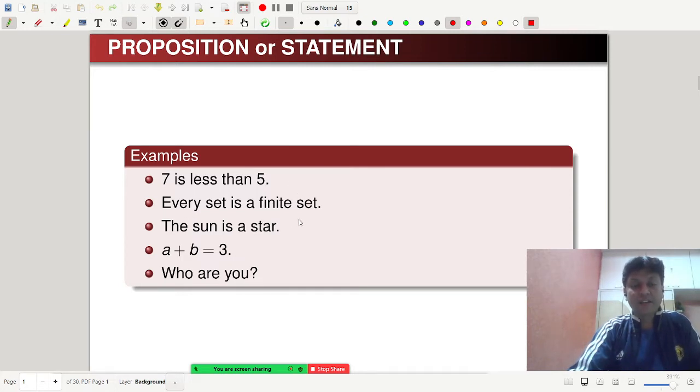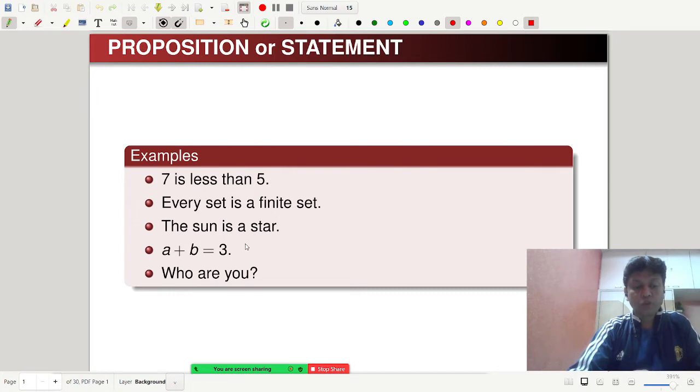Every set is a finite set. It is false. Every set cannot be finite, it can be infinite. So it is a statement. The sun is a star. True. It is a statement. A plus B equal to 3. It is not always true.